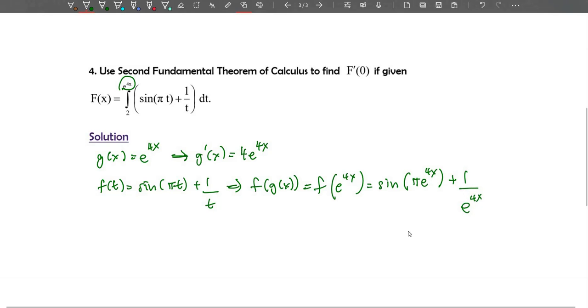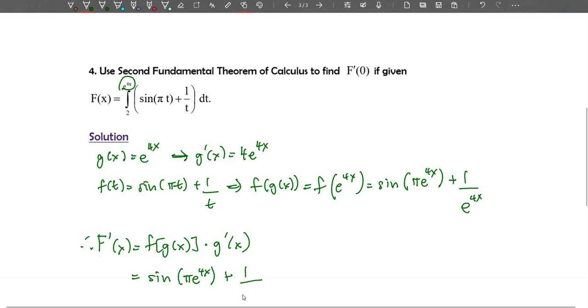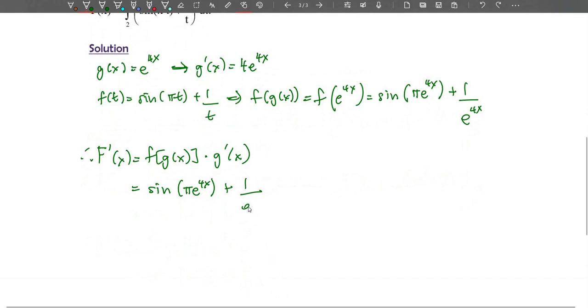This is the f(g(x)), and therefore f prime x is equal to f(g(x)) multiplied with g prime x, which means sine pi e to the power 4x plus 1 over e to the power 4x, multiplied with 4 e to the power 4x.